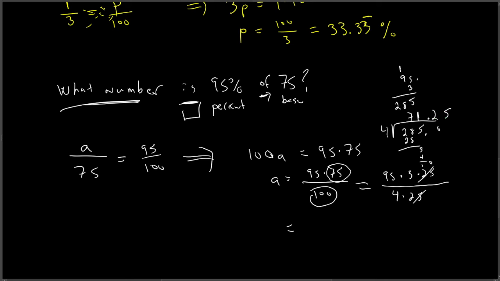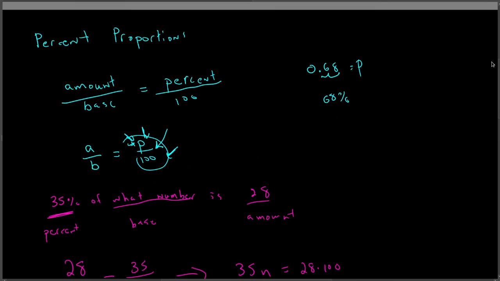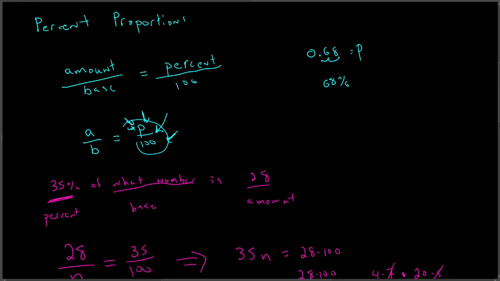Twice. 5. Again, use your calculator. And so our amount is 71.25. And let me clear my whiteboard here. Sorry for my marker noise.